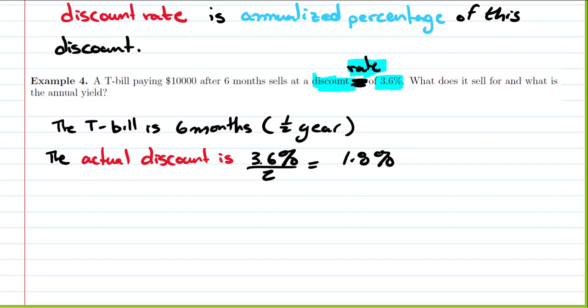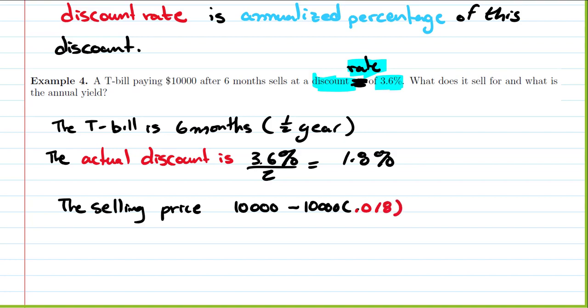So then the selling price is $10,000 minus $10,000 times the actual discount. As a decimal, we get 0.018.